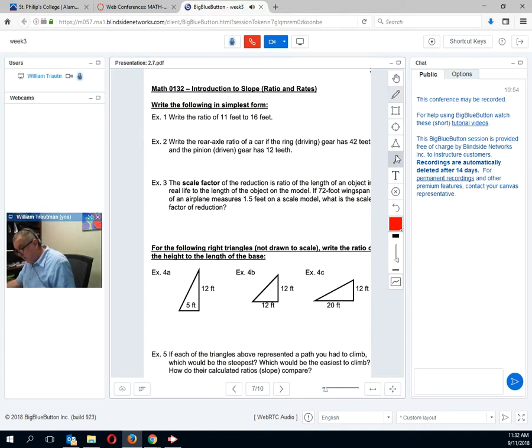So we still have a couple of pages here, I guess. Those are the regular. Oh, then we have to do the ratios.